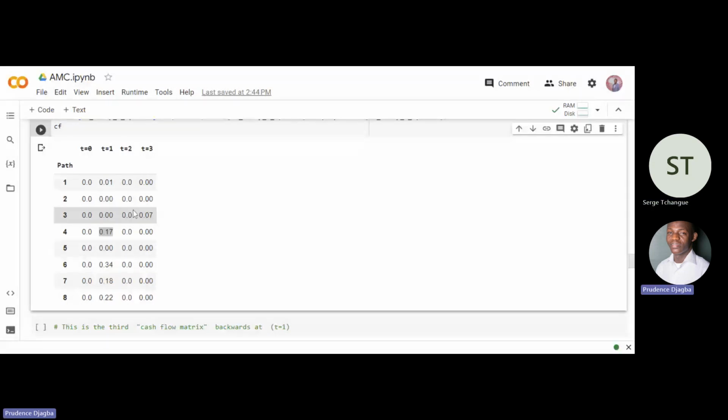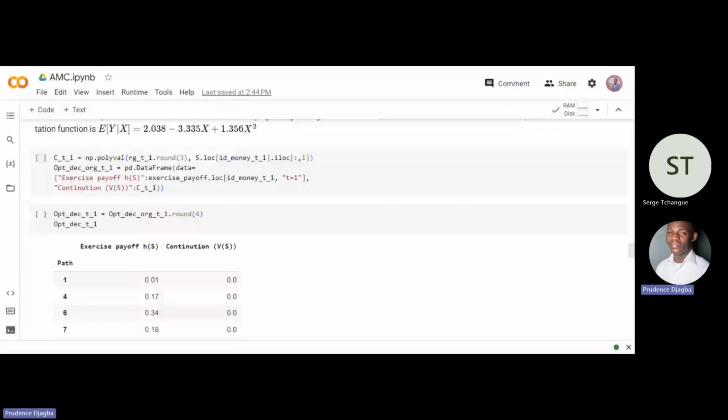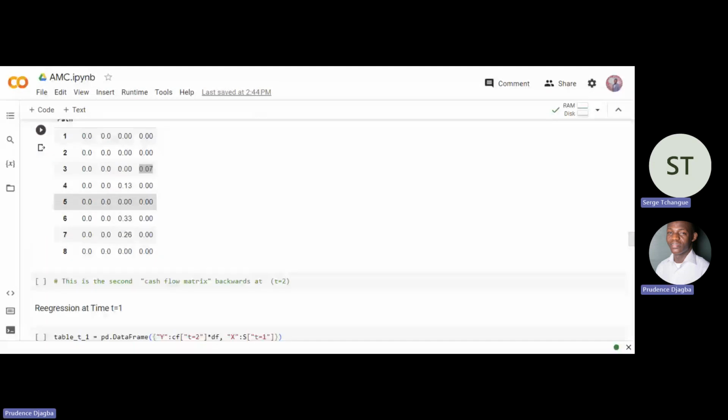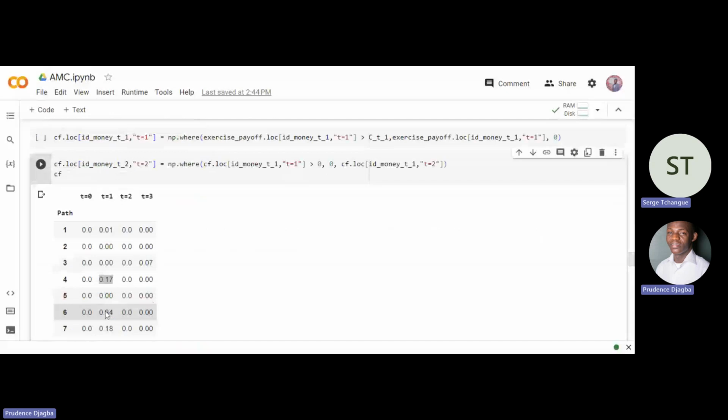From those cash flow matrices, the first one that I got at t equal to 2 has some values, 0.13, and at t equal to 1, I have those values for the third cash flow.